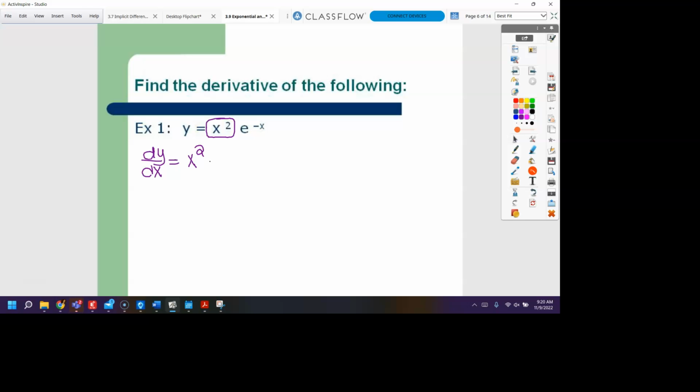So it's e to the negative x times the derivative of negative x. So derivative of negative x is simply negative 1, plus the second times derivative of the first.